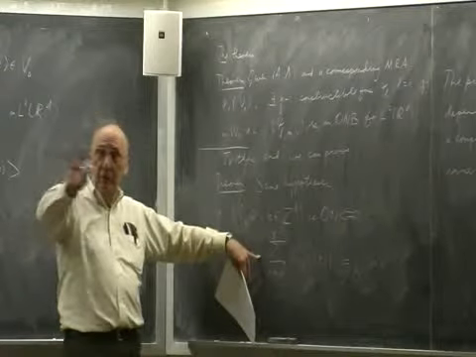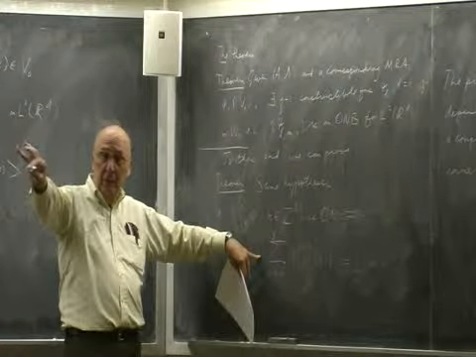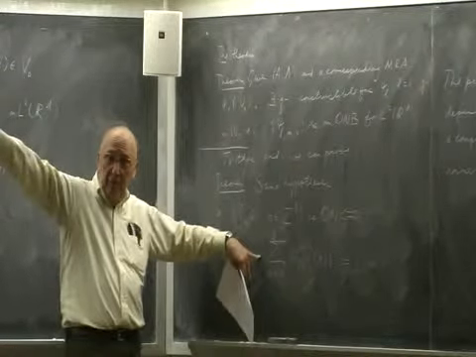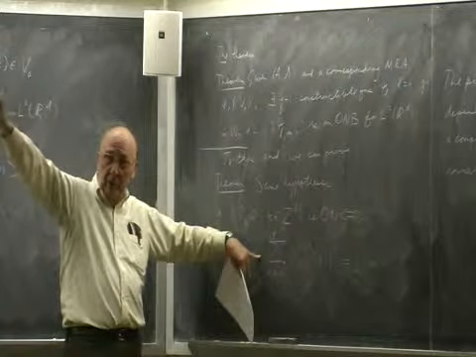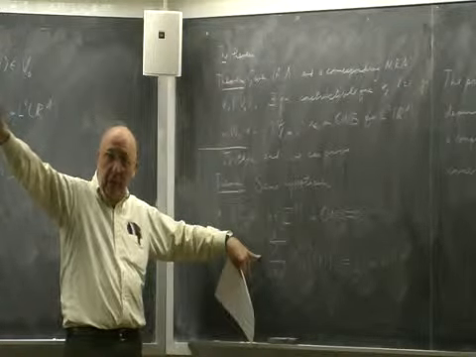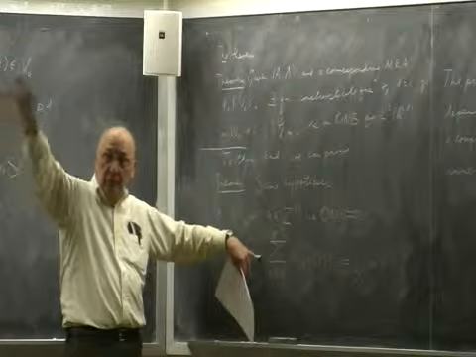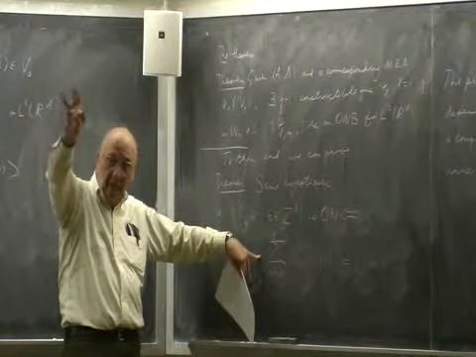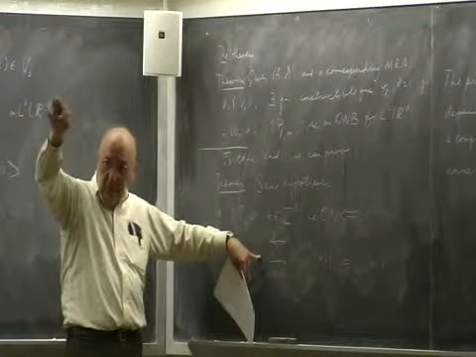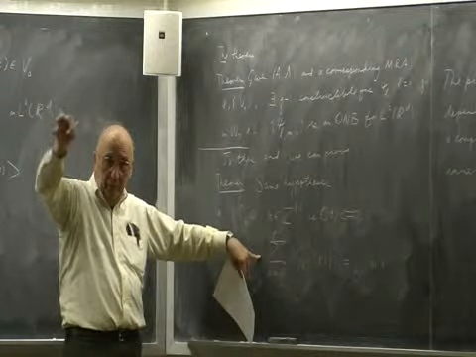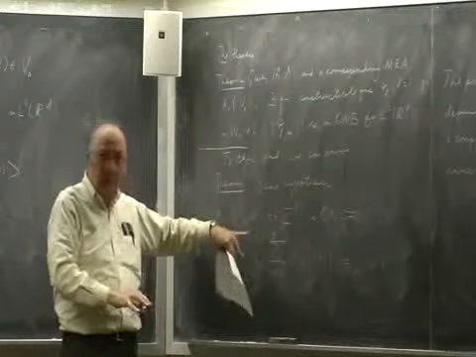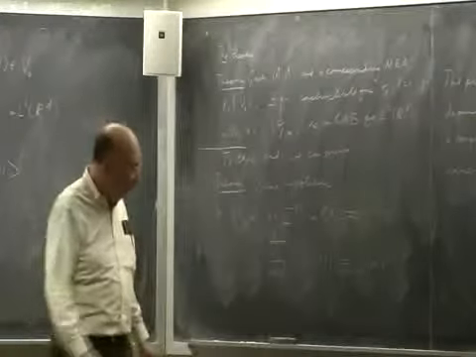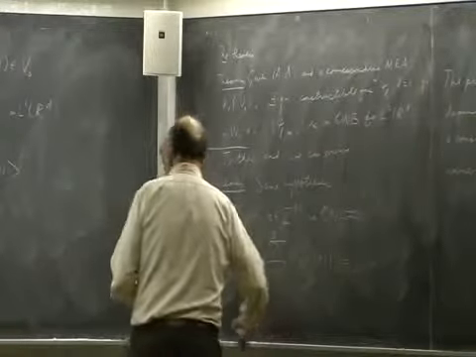Remember, on the real line, if we had a function phi in L2 of R, then the translates of phi are orthonormal in L2 of R if and only if the sum of the absolute value squared of phi hat of gamma plus n is equal to 1 almost everywhere. So this is this result here.